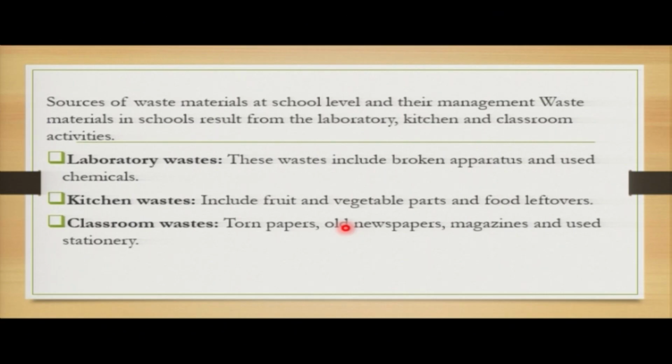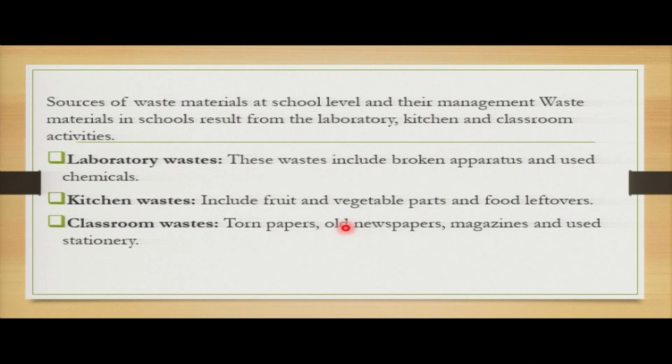These wastes come from the classes, from the laboratory, and the kitchen at school. So the broken glasses, because when we are in the laboratories, we break the glasses. It is unavoidable because of some accidents. The chemicals are spilled.